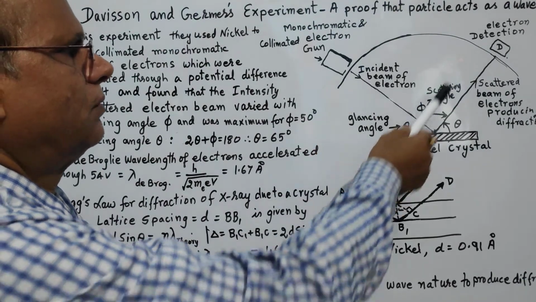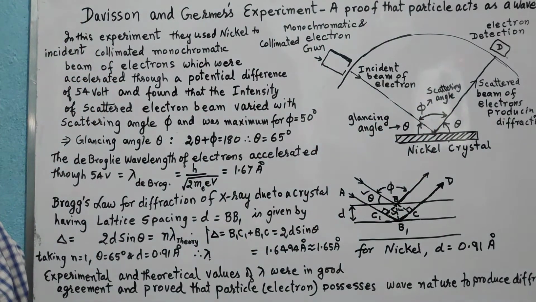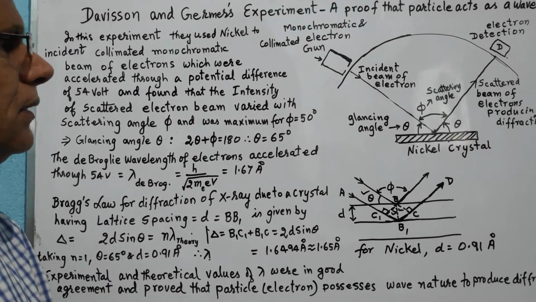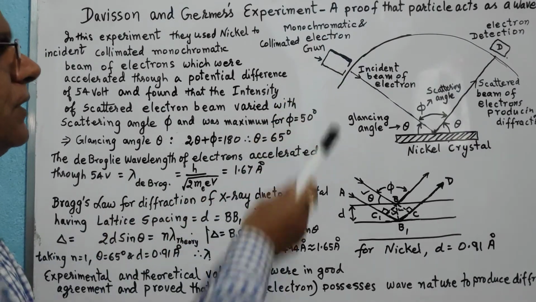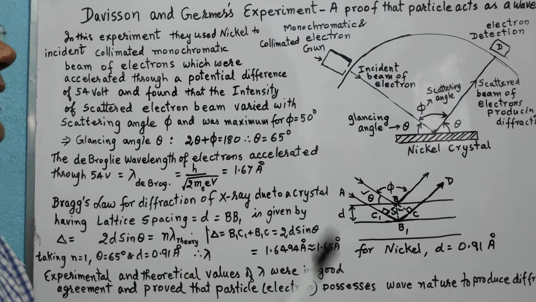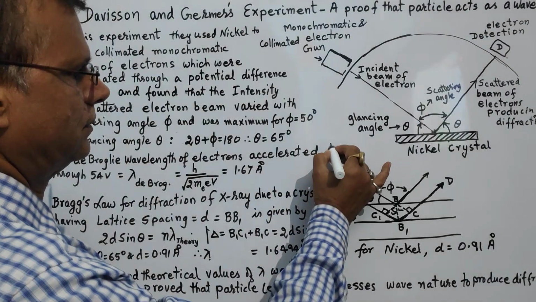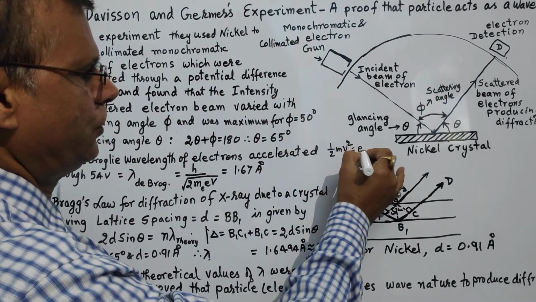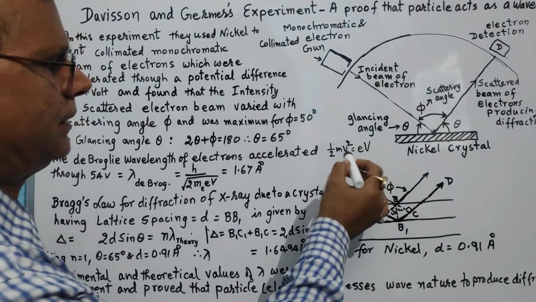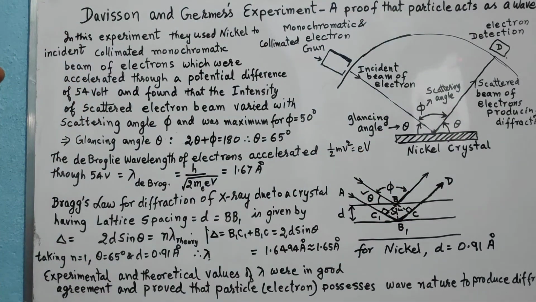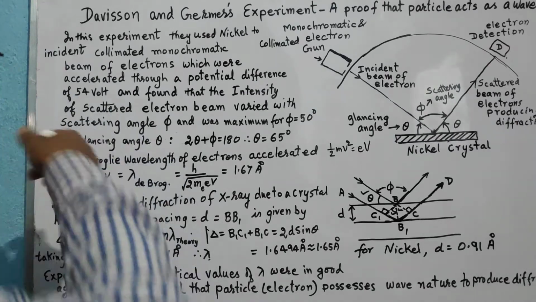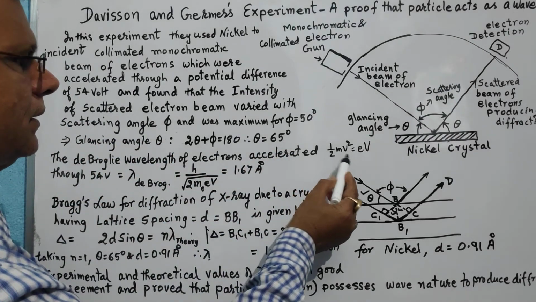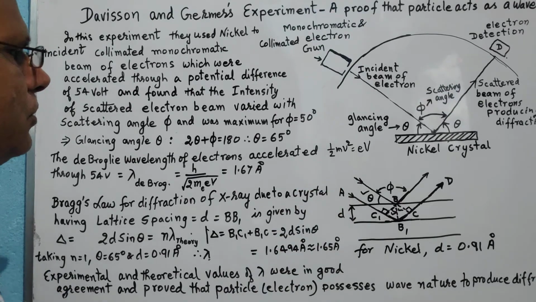So they observed this, and according to de Broglie, the wavelength associated with the electron which is being accelerated through 54 volt will be given by the relation half mv square is equal to eV. The potential energy converts into the kinetic energy, the maximum kinetic energy of the electrons, and from this the momentum of the electron can be calculated.